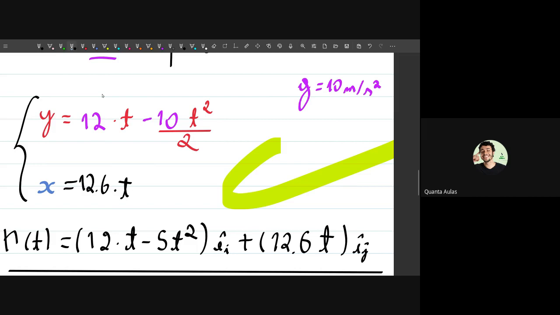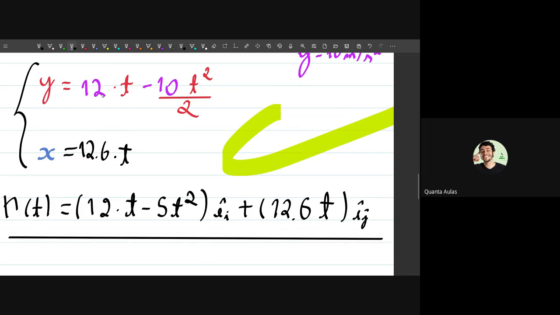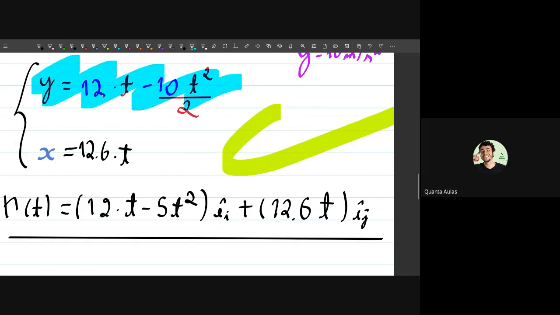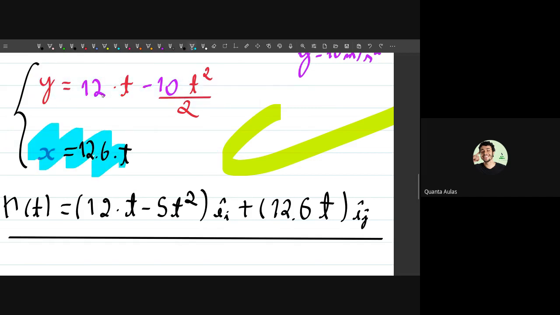In our last class, I told you the velocity is the derivative of the position, okay? So to get the velocity of this body, you need to derive this equation, and after, this equation.